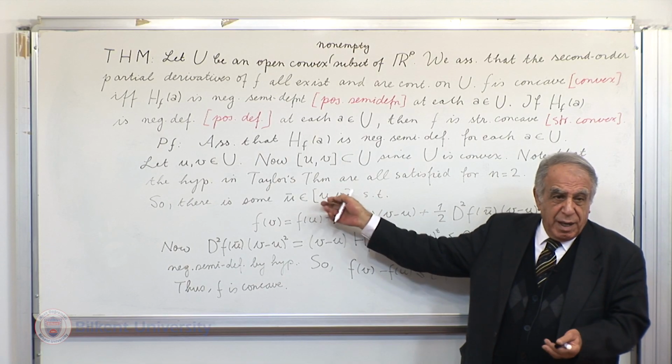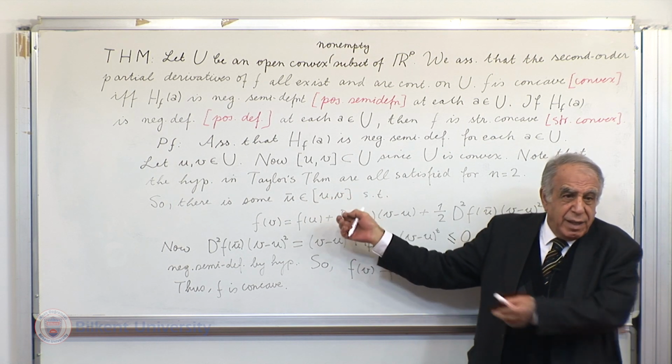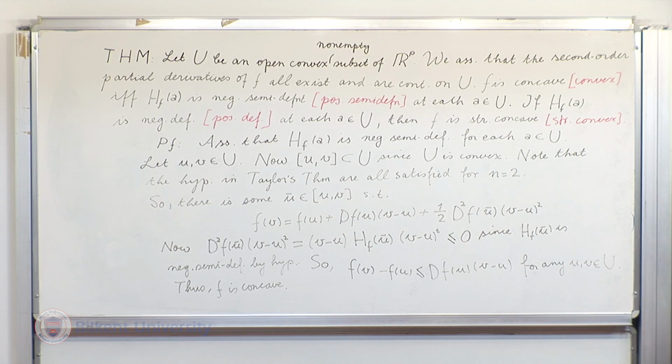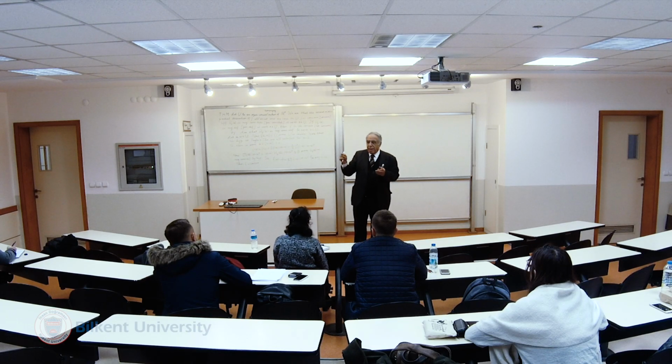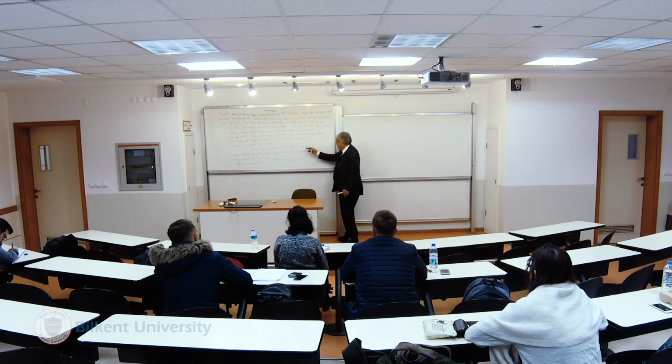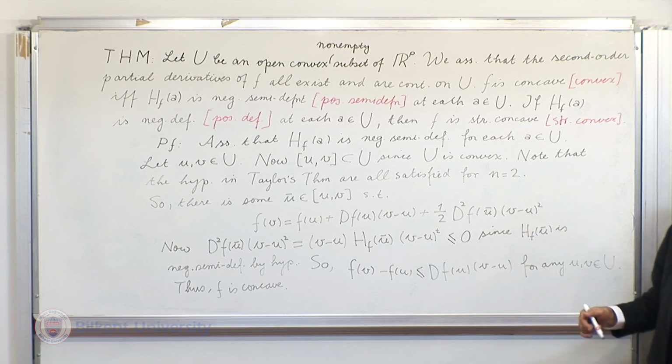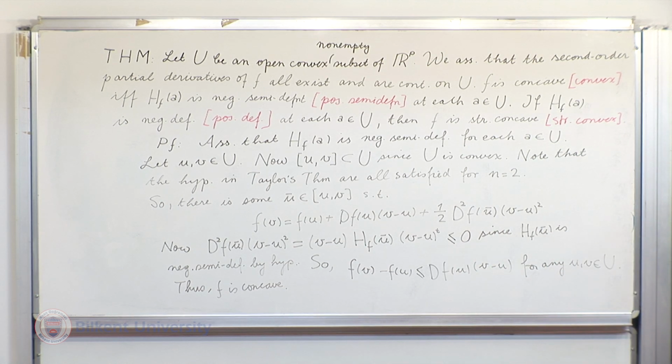If we start with any UV, there is some U bar in the segment, but it might be the case that you have some A in U, no matter what UV you take, which contains such that the segment UV contains A. Well, that might never be U bar corresponding to those UVs. But now we can deal with that as follows, but let us first start with the converse.